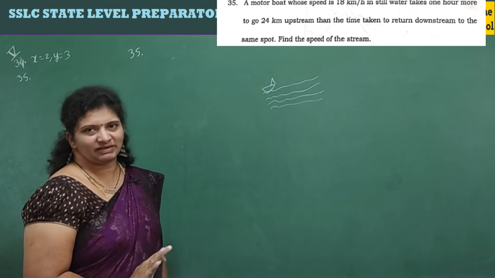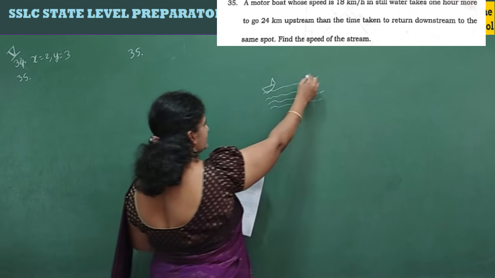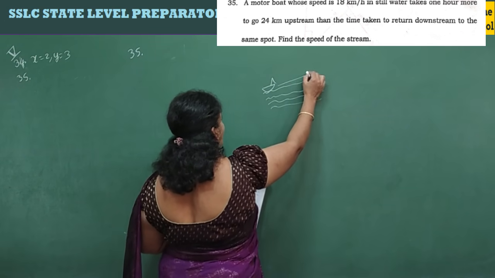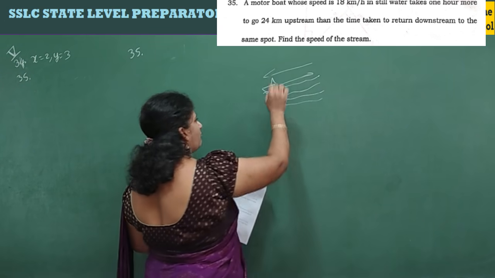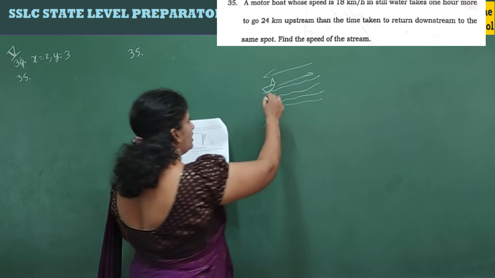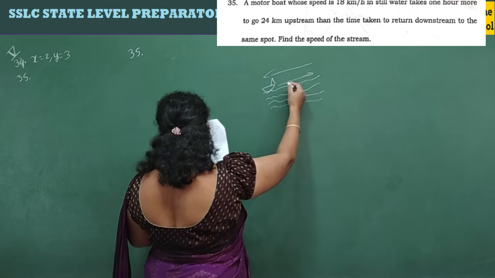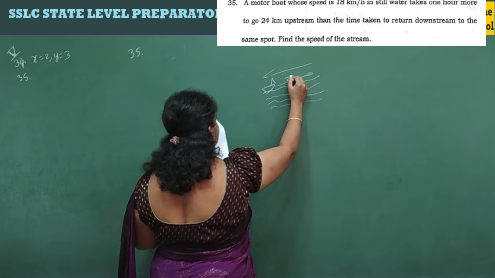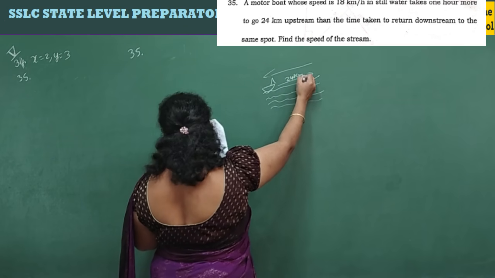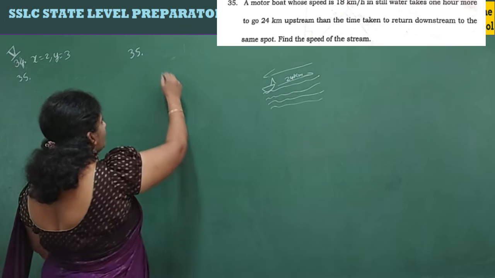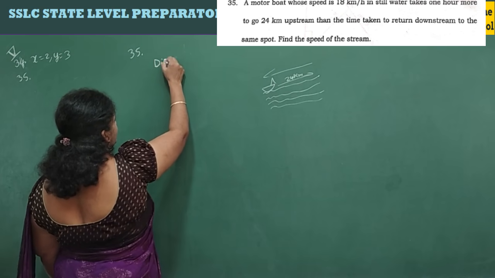Just imagine the picture. They should go upstream and then come back downstream. Now, what is the distance here? Upstream or downstream, the distance is 24 kilometers. So now let me write the distance here.